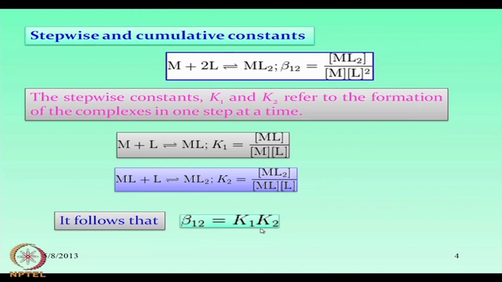So, this particular expression, if we can have n number of species, if the n value is equal to 4 or 6, we can have K1, K2, K3, K4, K5 and K6 like these.